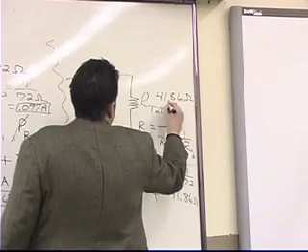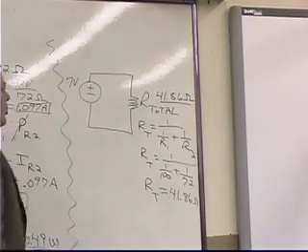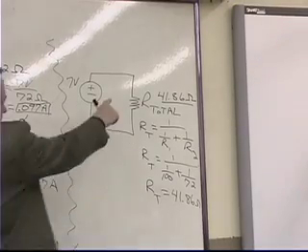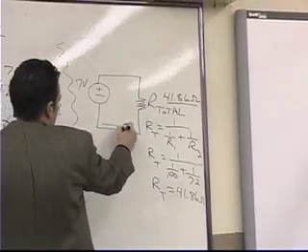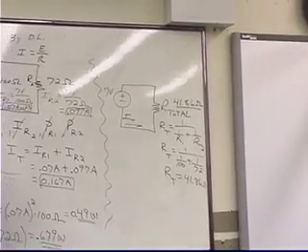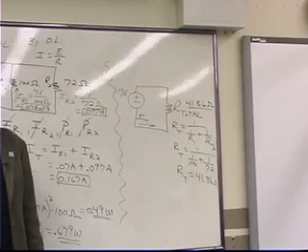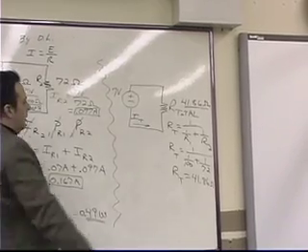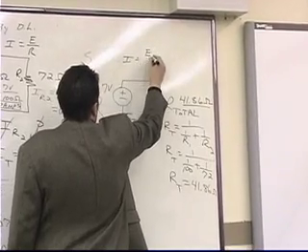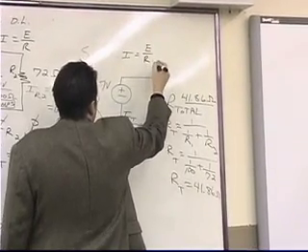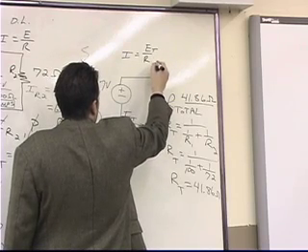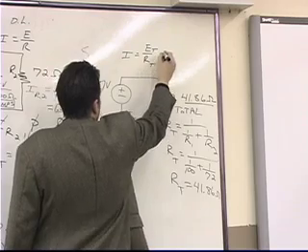Now, if that total resistance is 41.86 ohms, could I use that equivalent circuit to figure out what the total current is that's flowing from the battery? I equals V over R. Current is equal to the ratio of voltage divided by resistance. And in our case, this is going to be source voltage divided by total resistance.